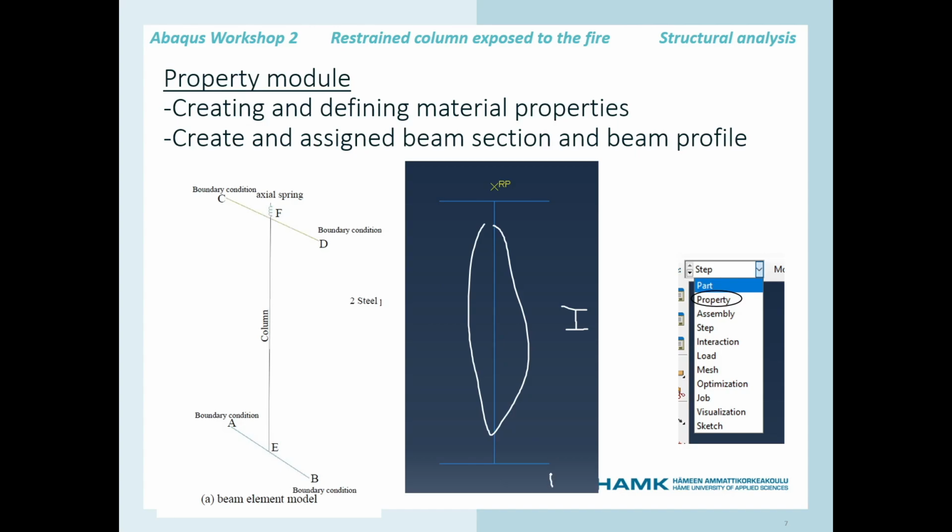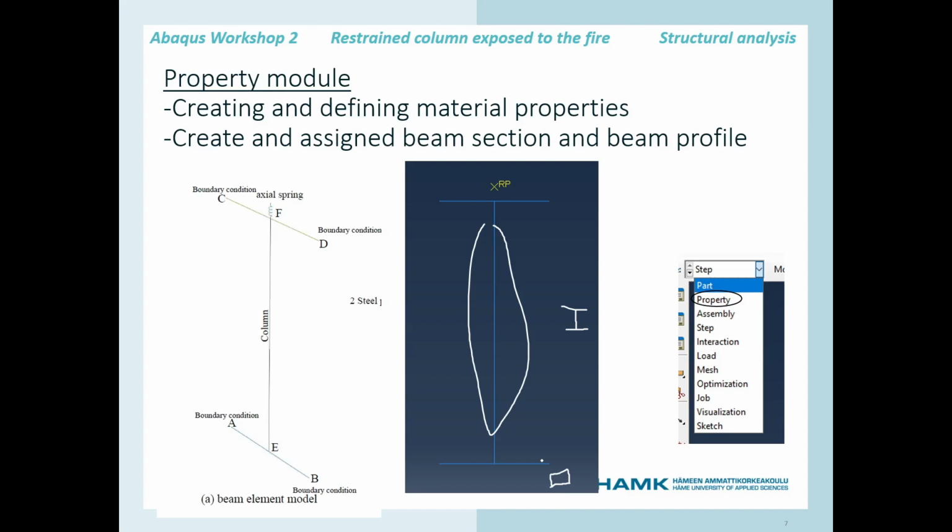They are made with rectangular profiles. Only the column is heated, so we will create nonlinear materials only for the column, and for the upper plate and the lower plate we will use linear materials.